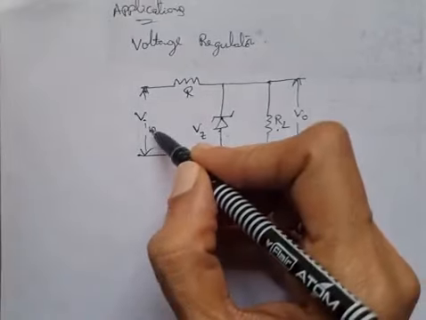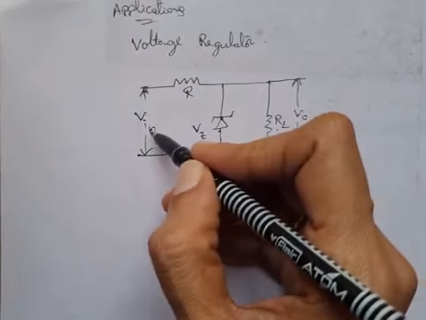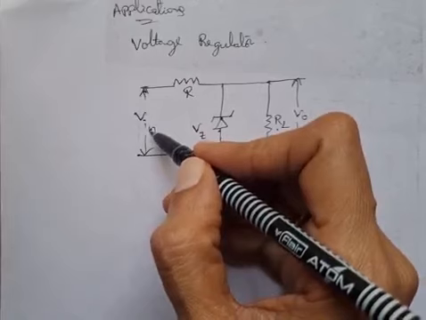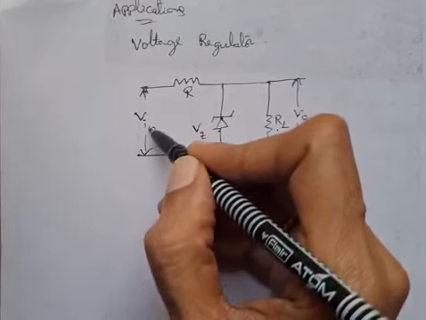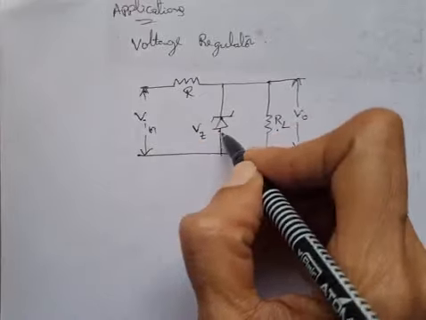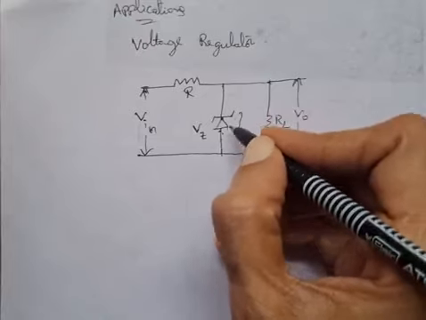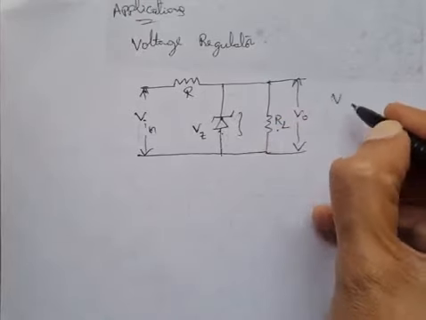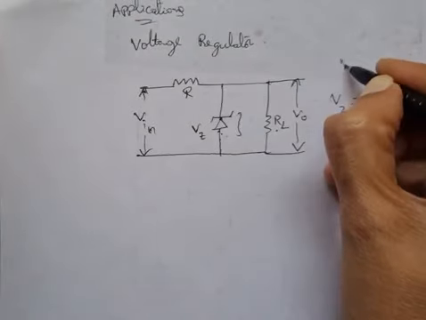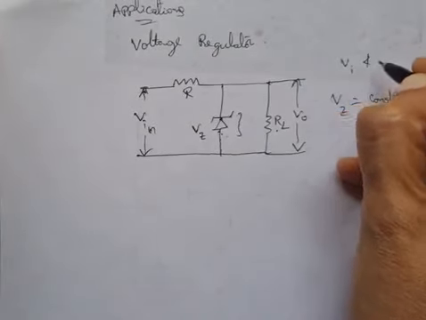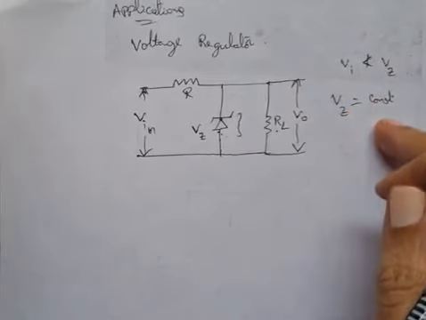Whether the input voltage is increased or decreased, it does not matter, meaning the input voltage may vary. So for a Zener diode in reverse bias condition, the input voltage does not fall below the Zener voltage. So the voltage across the diode will be constant, meaning Vi is not less than the Zener voltage.